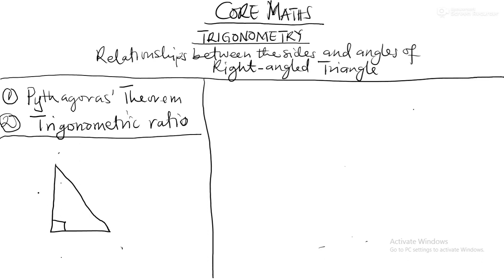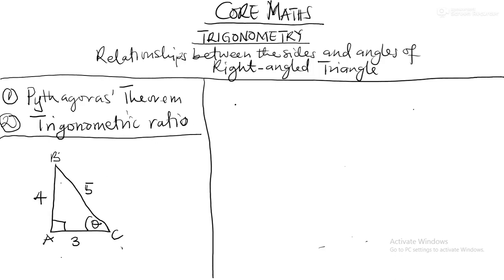Now, if this side measures 4, this side measures 3, and this side measures 5, let's label them A, B, and C. Now we have our right-angled triangle. Let's square the sides. If this is our reference angle, this side will be our opposite. So let's square that value.